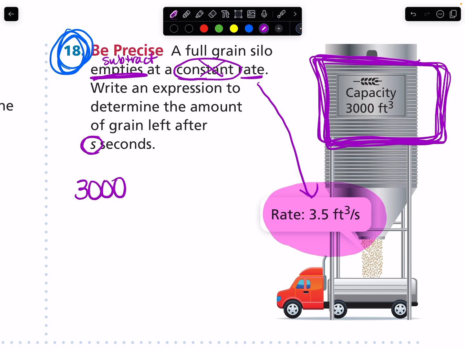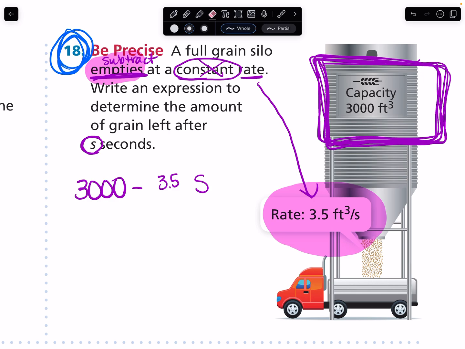So 3,000, and since it's going to be empties, okay, empties means subtract. So I'm going to go ahead and subtract. Now, what am I subtracting? Well, I am subtracting something for an amount of seconds. Well, that would be a rate per second. So 3.5 per second. So my ultimate goal with this is to make sure that you guys understand when you read these problems and try to create the expression that goes with it: what do we start with, and how does it change?